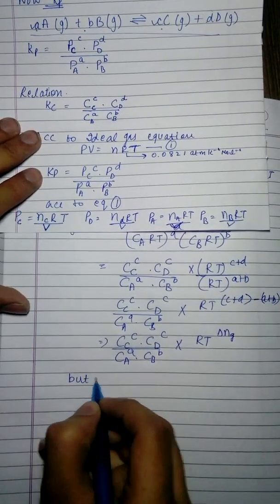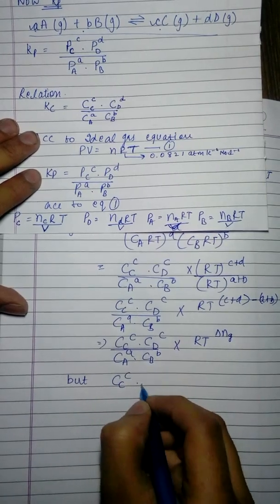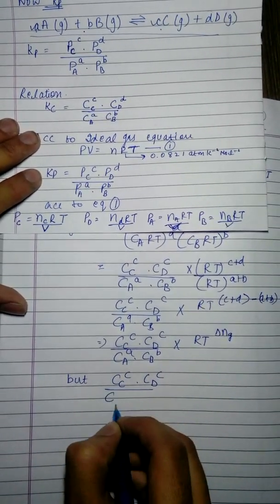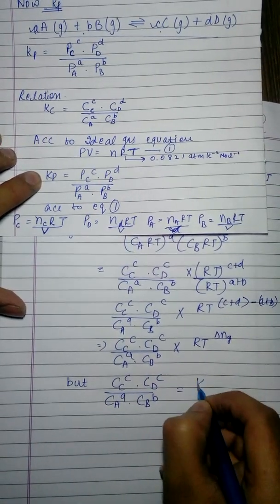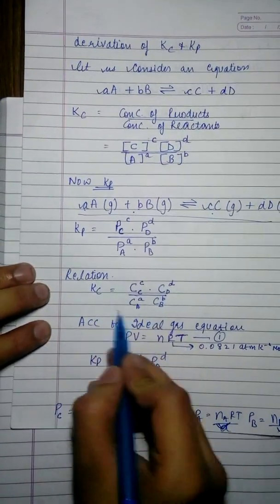But CC dot CD upon CA dot CB equals Kc. See here, it equals Kc.